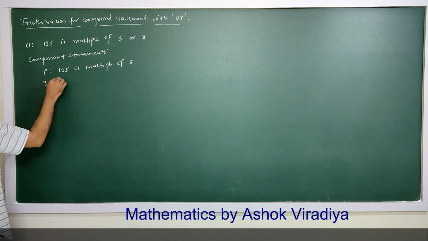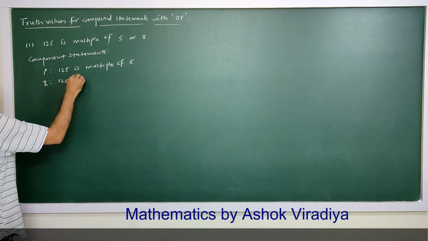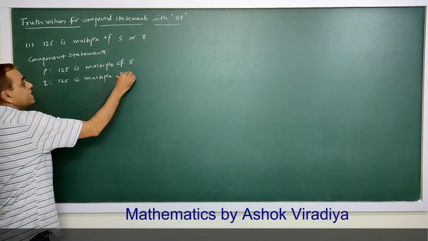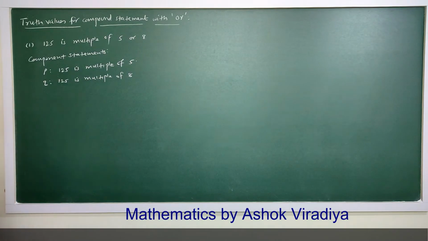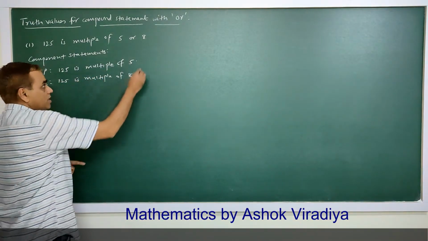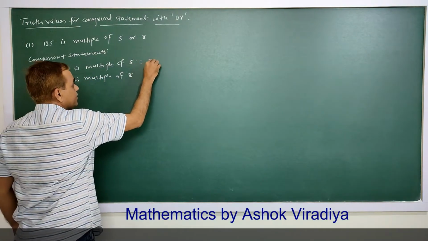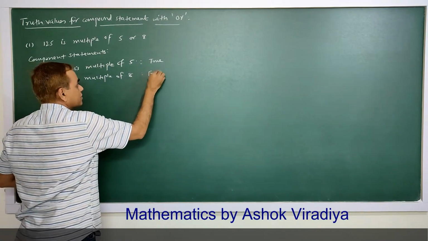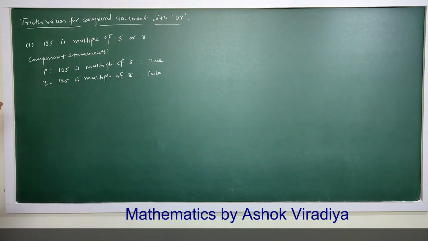Second component statement is 125 is multiple of 8. Now you can see that this statement is true. Second statement is false. First statement is true, second statement is false.